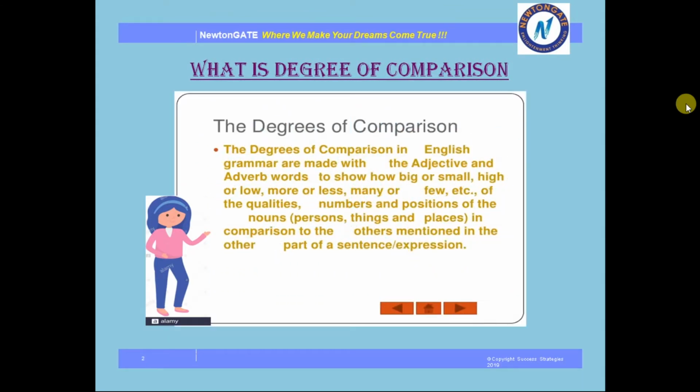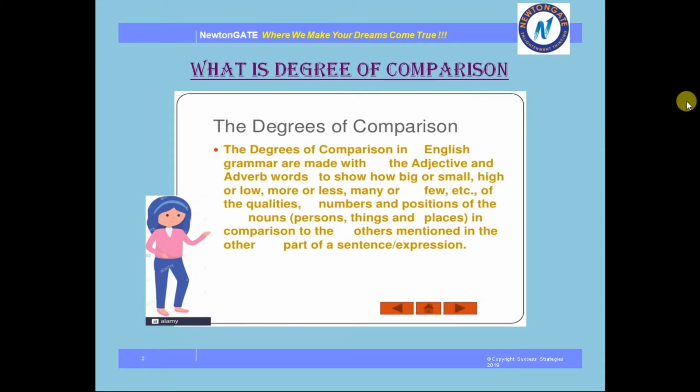The degrees of comparison in English grammar are made with adjective and adverb words to show how big or small, high or low the things are. Or maybe we can say that we can compare something.